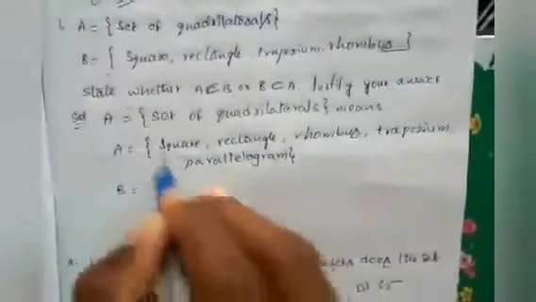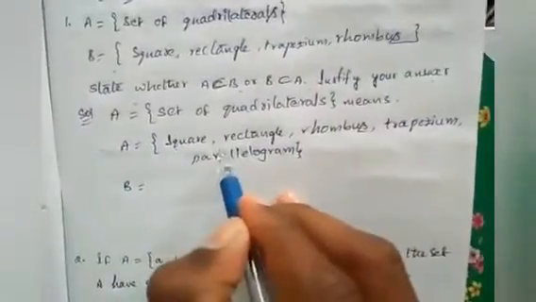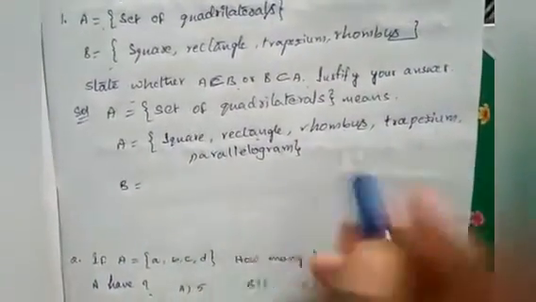See, these are the quadrilaterals, all are quadrilaterals: square, rectangle, rhombus, trapezium, parallelogram.